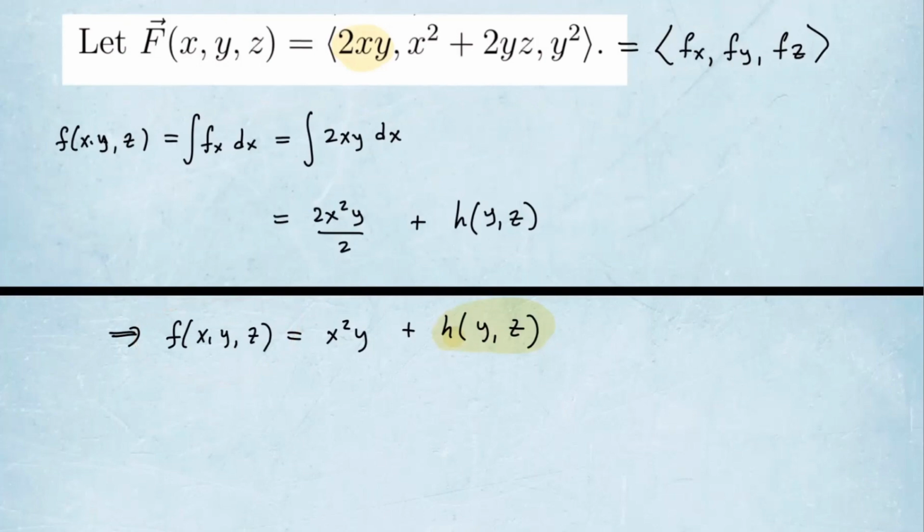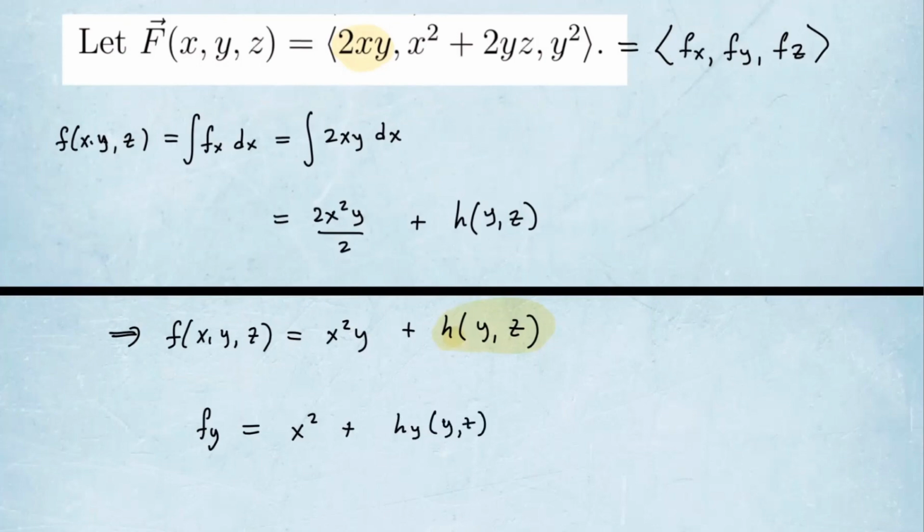So I'm going to take the partial derivative of this with respect to y. It'll just be x squared plus h sub y of y, z.